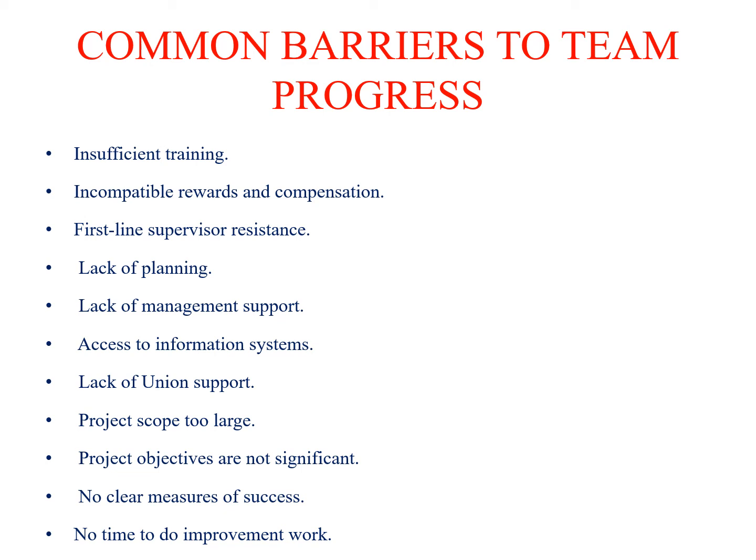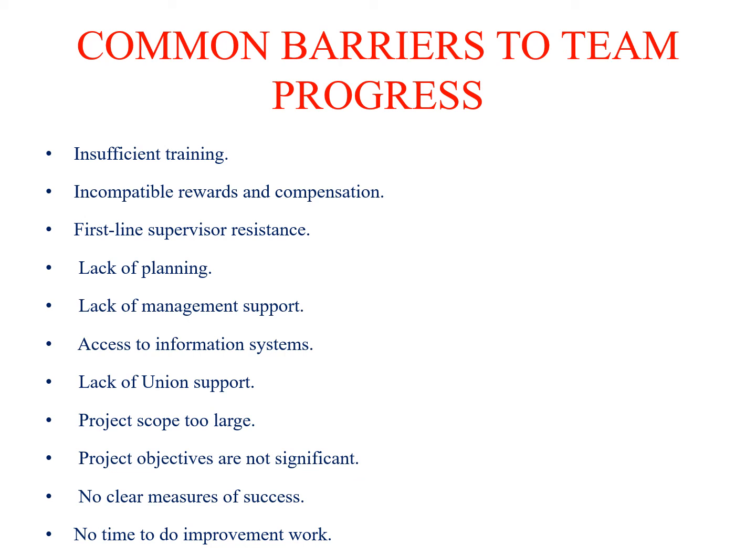No clear measures of success. If the team is not clear about its success or the goal, then it forms a barrier in team progress. No time to do improvement work. Values and beliefs of the organization are not compatible with the team's work.